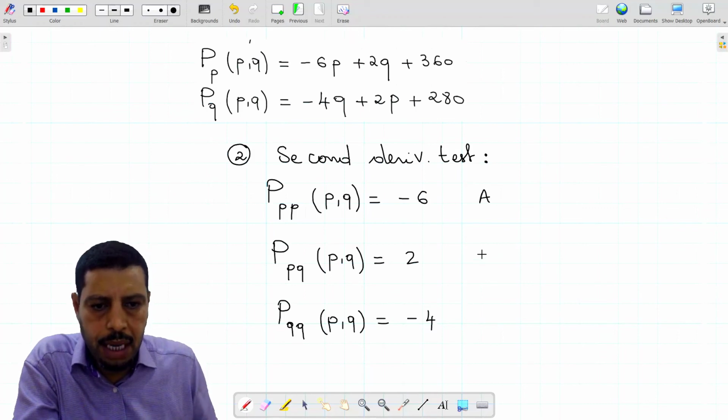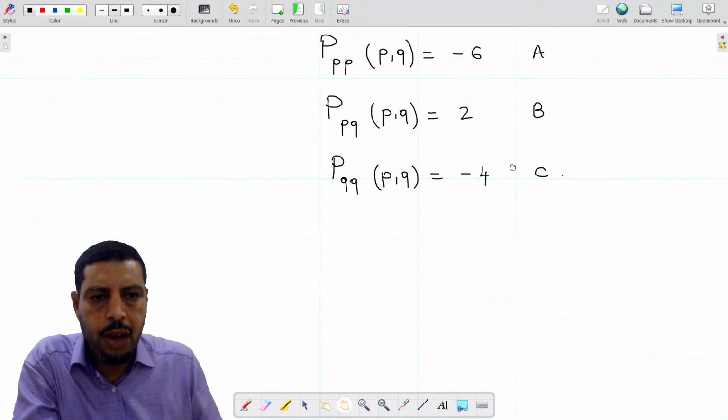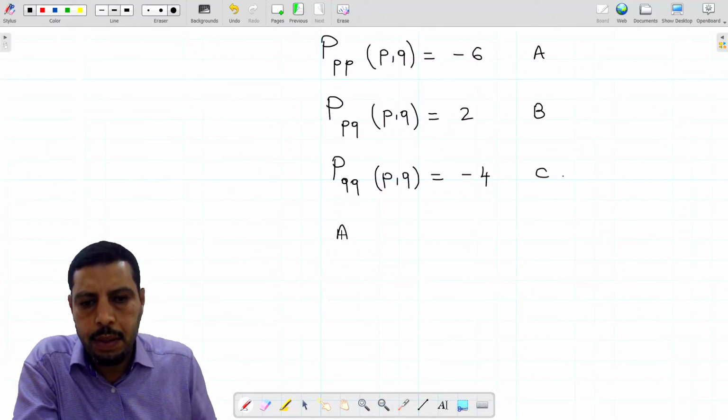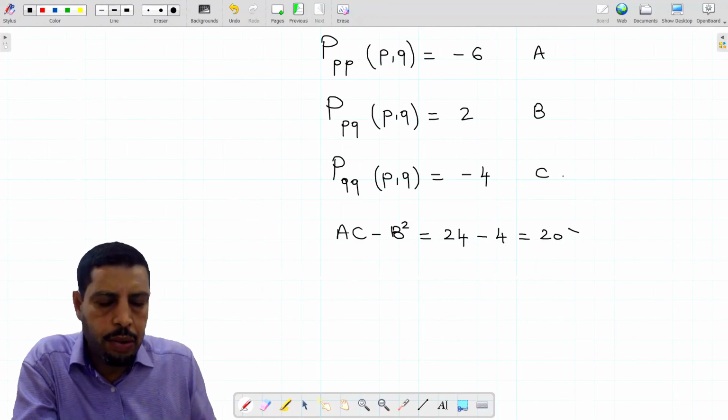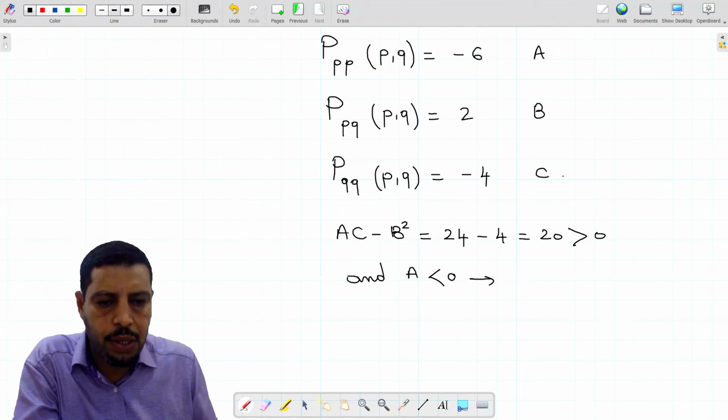A, B, and C. Now, you compute AC minus B squared, and you find that it's -6 times -4, so 24, minus 2 squared, it means -4, which is 20, so greater than 0, and the sign of A is negative, so A is less than 0, so it's a maximum, so it's a local maximum.